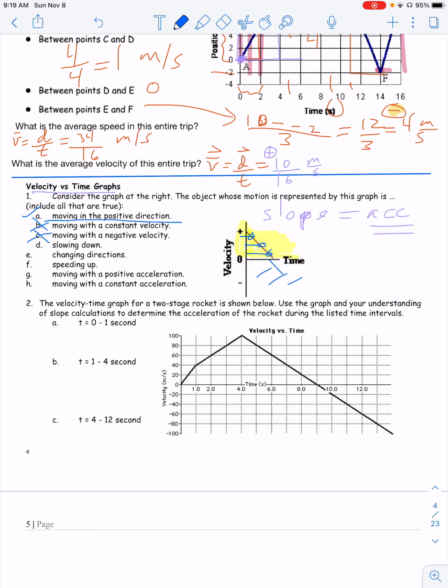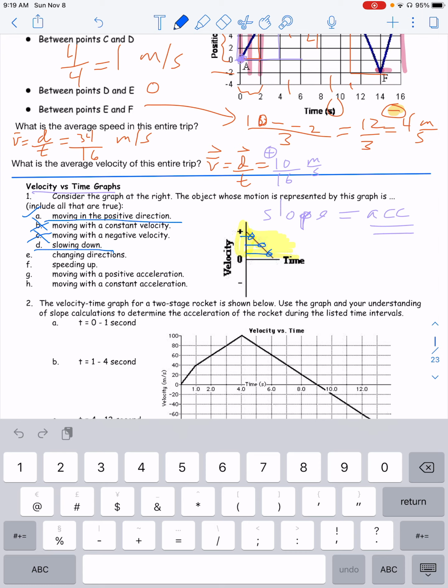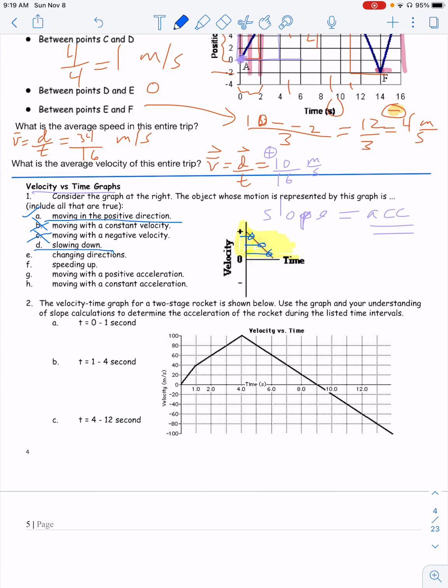It would have to go into the region below the x-axis to have negative velocity. Is it slowing down? Yes, because with time passing, the horizontal lines I drew to the y-axis are getting closer and closer to 0. Is it changing directions? No.